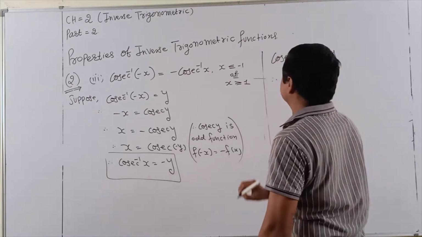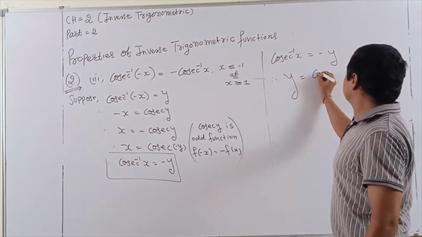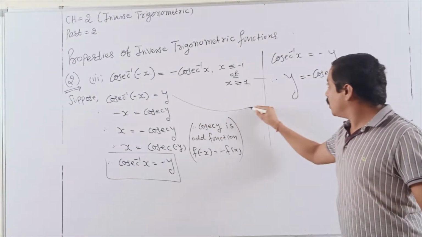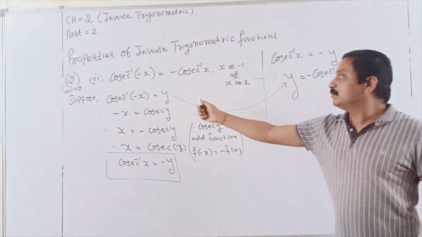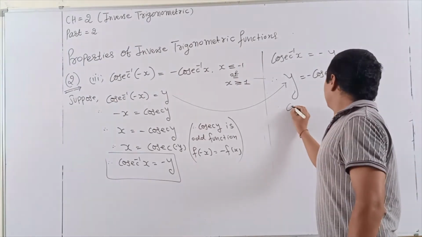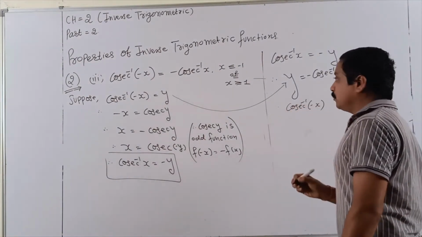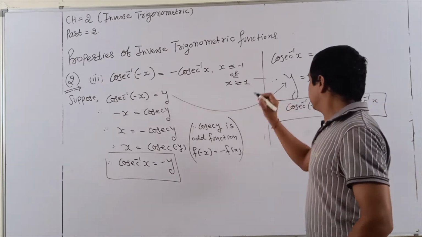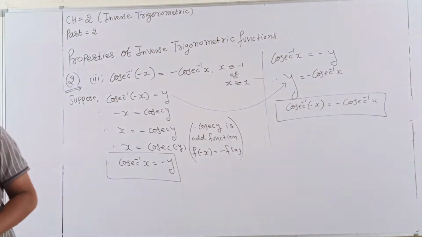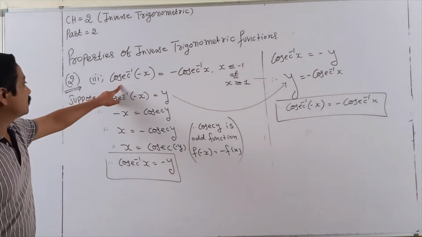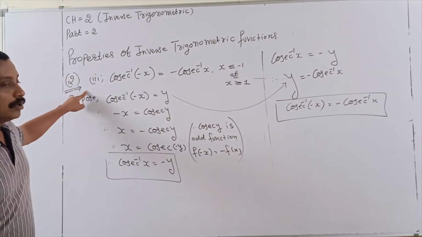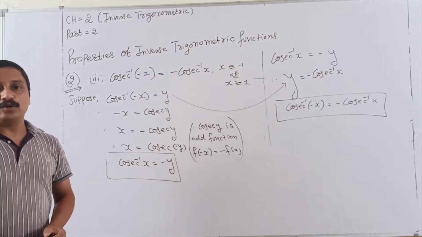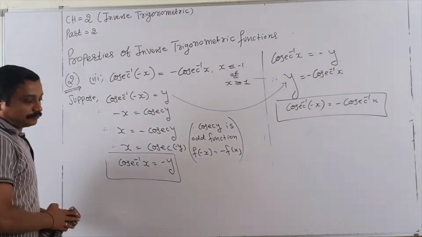So what about y? Yes, y is minus cosec inverse x. Now students, this y value you already assumed, so putting it, my answer is done here: cosec inverse of minus x is equal to minus cosec inverse x. And easily theorem 2 ends here. Students, these 3 properties of theorem 2 I already use in numericals part 1. Now I go to theorem 3.